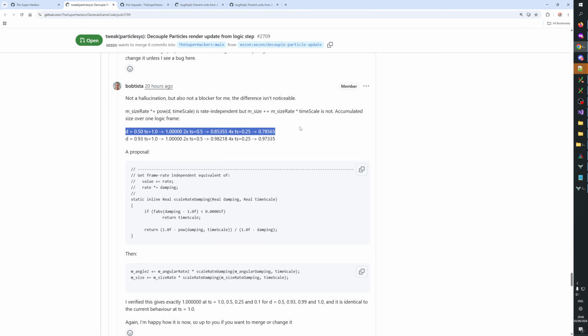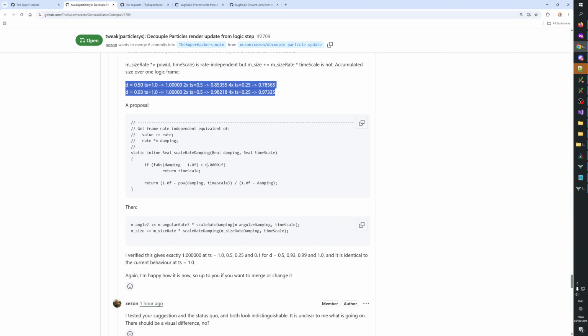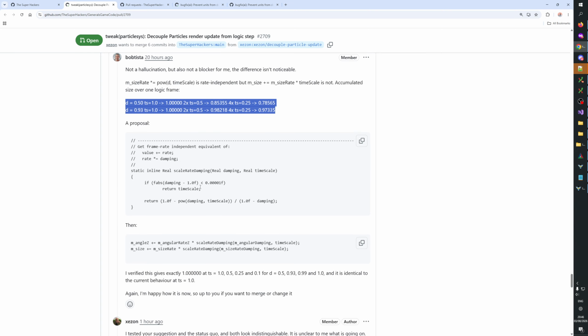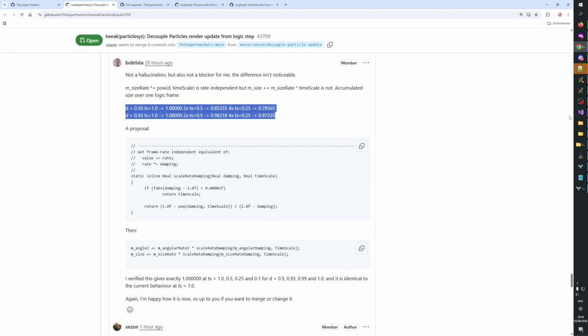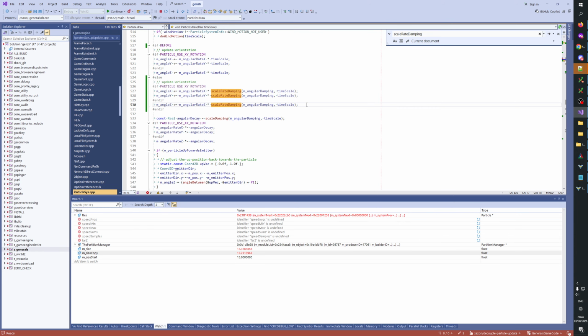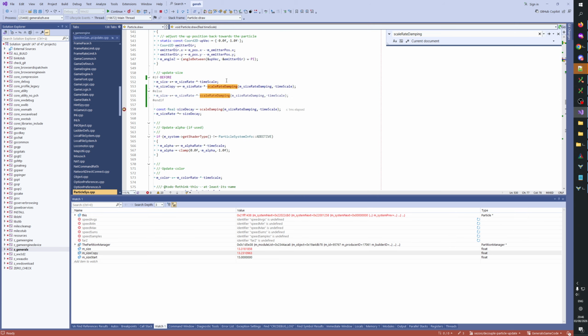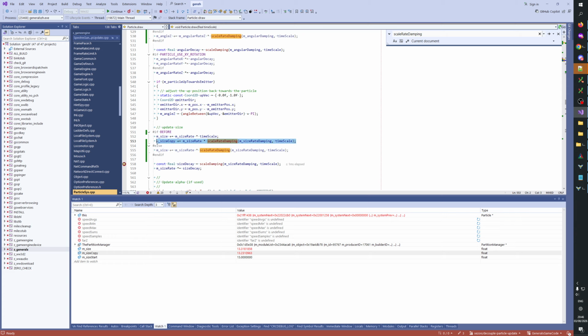I'm still not convinced that this is not a hallucination. It could be that the bot here is bullshitting us because it wants something to be done in a way that it thinks is right. But I also don't know better. But my observation so far is that this is not necessary. But I don't know. It's hard to wrap the head around how this thing works.